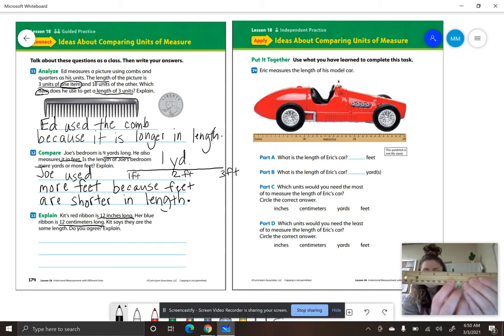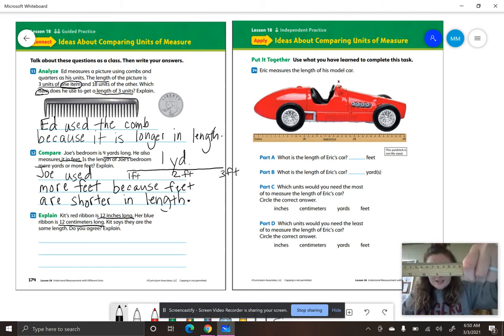Okay, so here are the inches. Now, Kit says her blue ribbon was 12 centimeters long, and they are the same length. Okay, so I flipped my ruler over to centimeters. And here is the length of 12 centimeters.